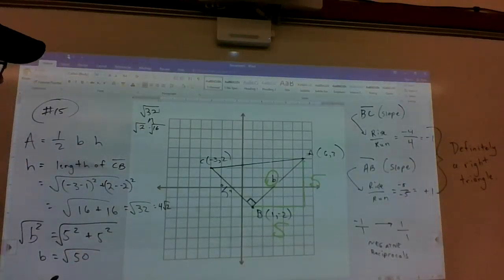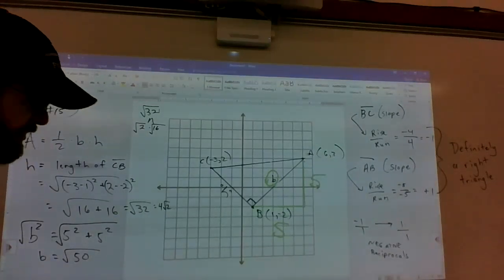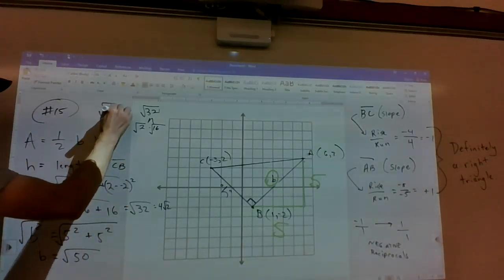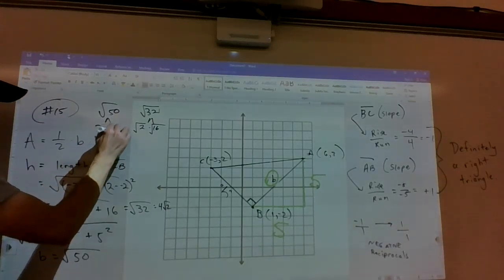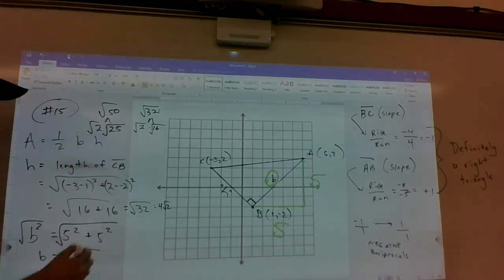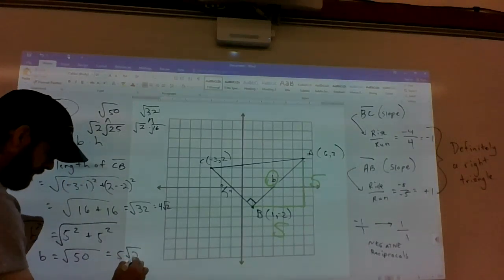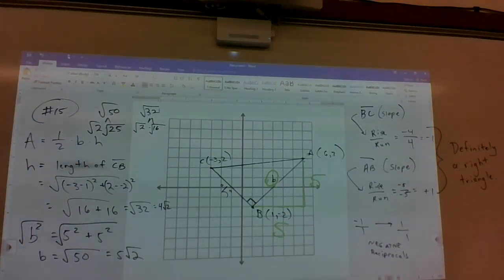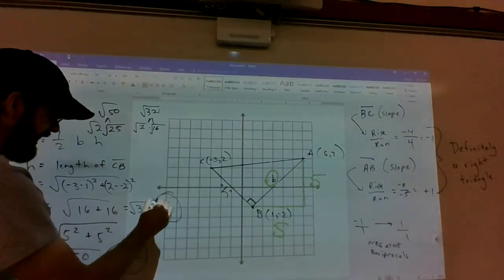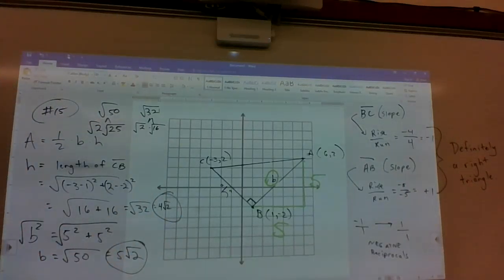And root 50 also is a product of a perfect square. It's 2 times 25. So root 2 times root 25, 5 root 2 is my base. So I've got my base, I've got my height, times a half.